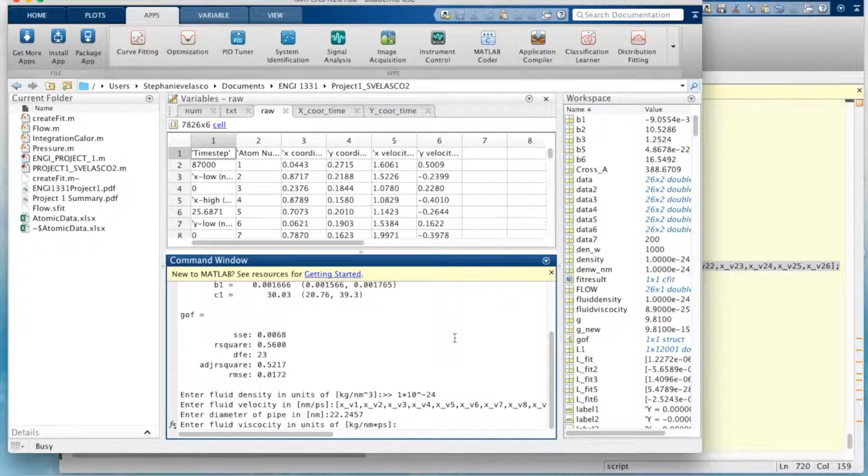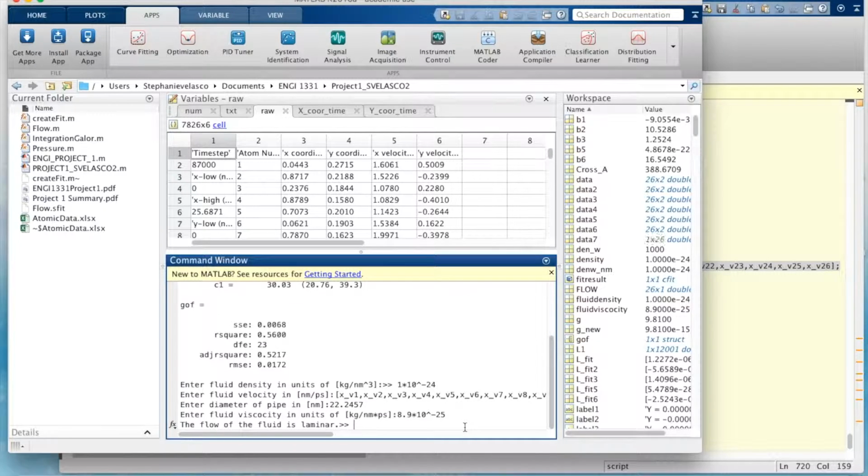And the viscosity of water depends on the temperature, but we'll keep it as 8.9 times 10 to the negative 25 kilograms per nanometers times picosecond. And so when you press enter, we get that the flow of the fluid is laminar. That's what we want to get.